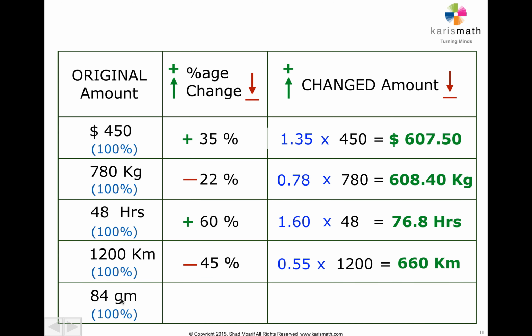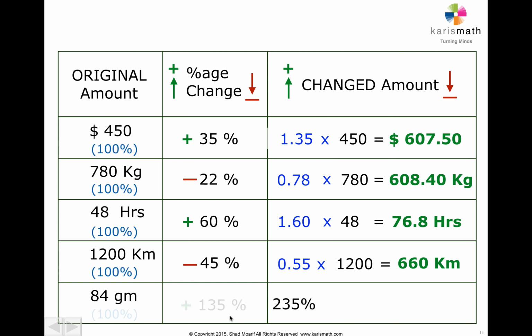Last one, 84 grams. Are we increasing it or are we decreasing it? We're increasing it by how much? 135%. Now that's a lot. If the original amount is 100% and you're going to increase it by 135%, that means the original amount will become 235% of what it was.